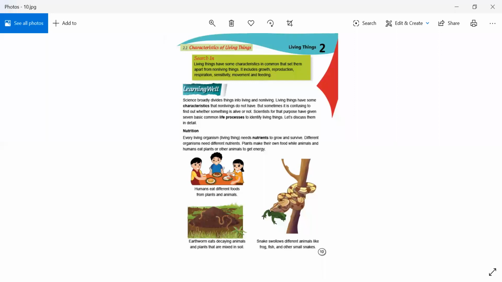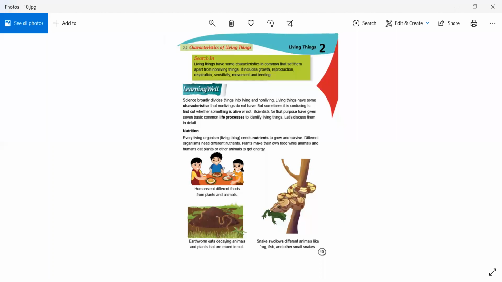Like you can see in the picture, humans eat different food from plants and animals. If I'm talking about how we can eat food from plants, we eat vegetables, we eat fruits.